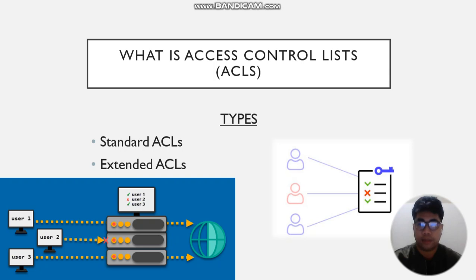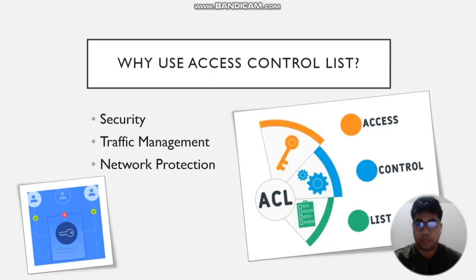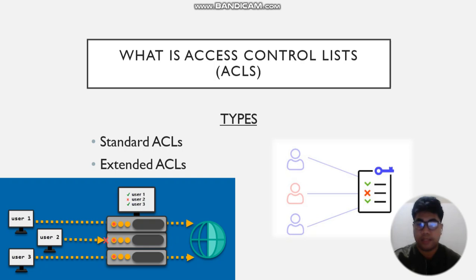Standard access control list, which filters traffic based on source IP address. And the other one is the extended access control list, which filters traffic based on source, destination, IP, ports, and protocols.